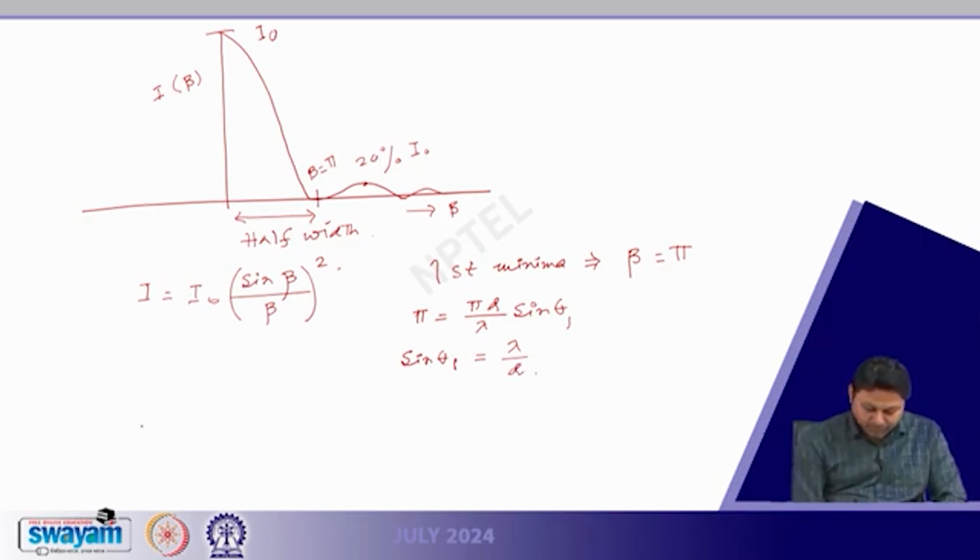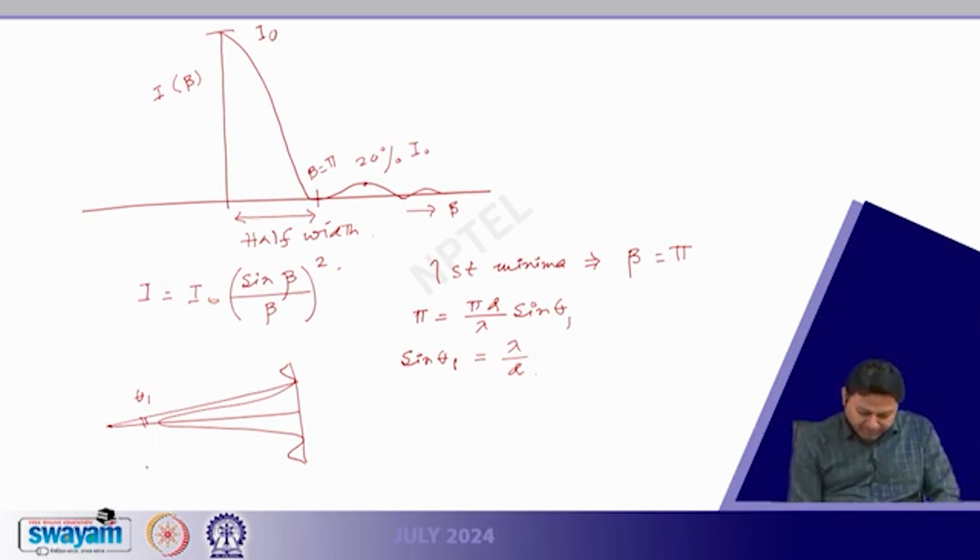Okay. So, what I am calculating, this is the structure, let me draw it. This is the principal maxima, and then we have secondary maxima, and from this point here to here, this angle is my theta 1.